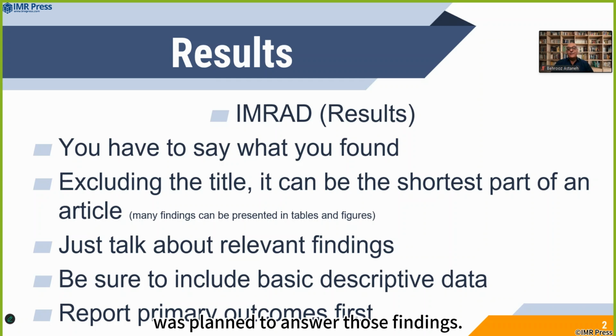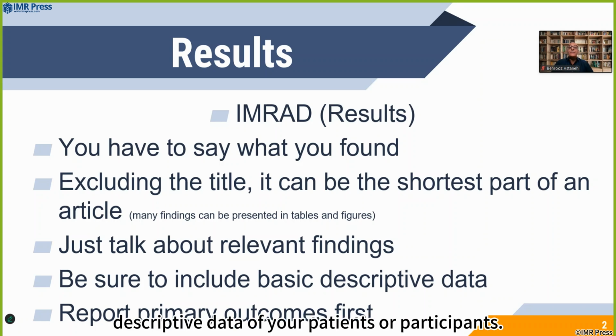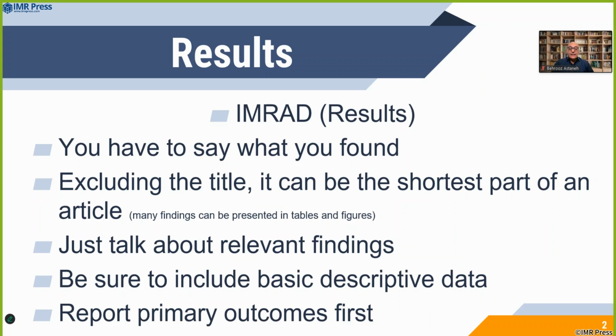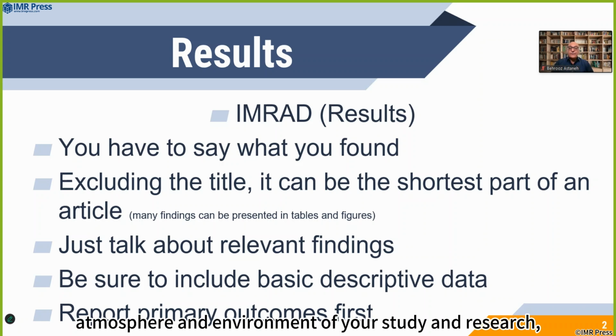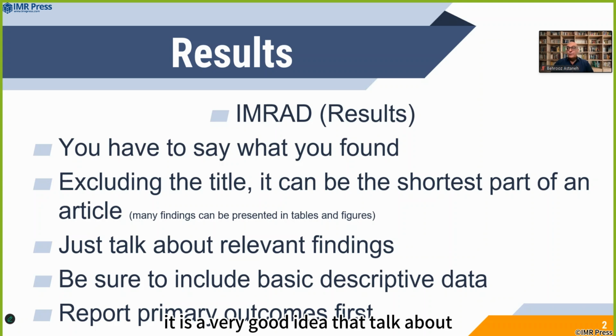The first paragraph of your results section is the paragraph that is devoted to the basic descriptive data of your patients or participants. In order for readers to understand the atmosphere and environment of your study and research, it is a very good idea to talk about the basic descriptive data in the first paragraph of your results section.